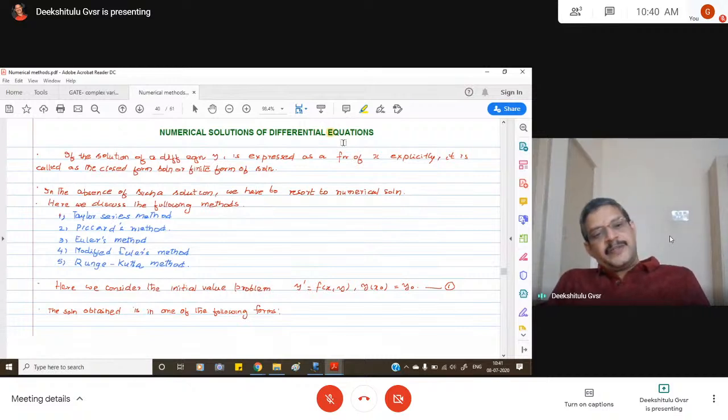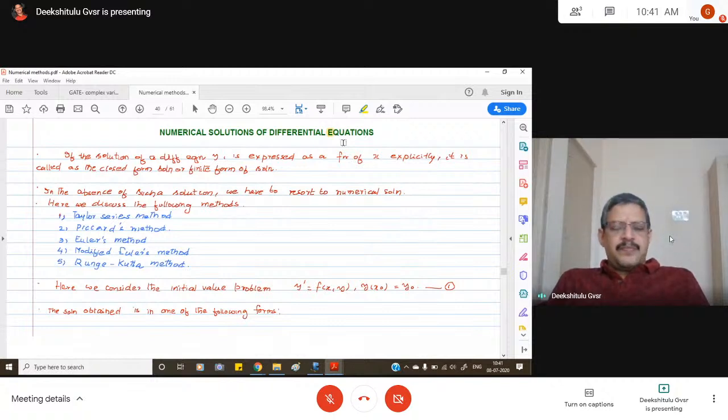There are so many reasons for that. Anyhow, whatever the reasons, if you are not in a position to calculate the closed form solution, then we resort to solving using numerical methods. This process of finding a solution using numerical methods is called a numerical solution of differential equations.